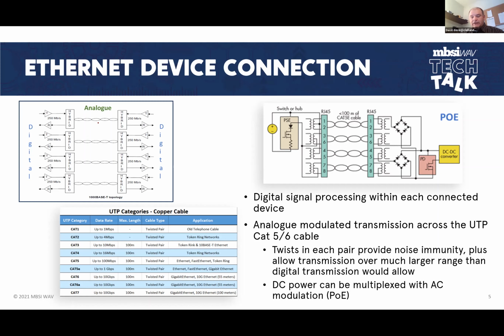Now, by the way, I thought I would include this little drawing of how power over Ethernet is actually delivered from a power supply to an end device of some sort. Over our 4 pair, we have the analog AC information going over, and at the same time we multiplex DC onto it.